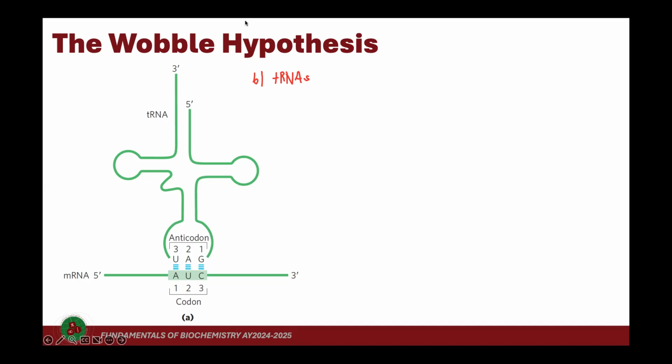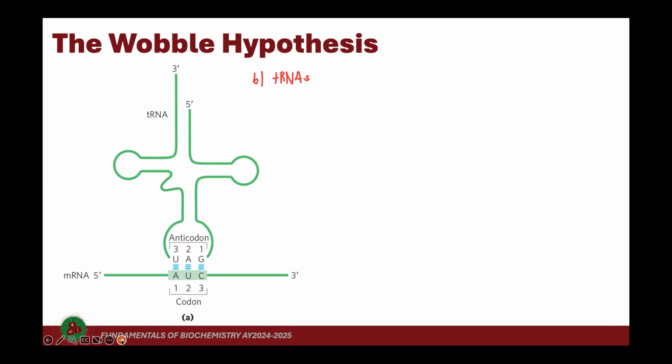Why is that? If you notice again from our genetic code, some of the degenerate codons differ only in the third nucleotide. And that is where the wobble hypothesis enters. Okay.